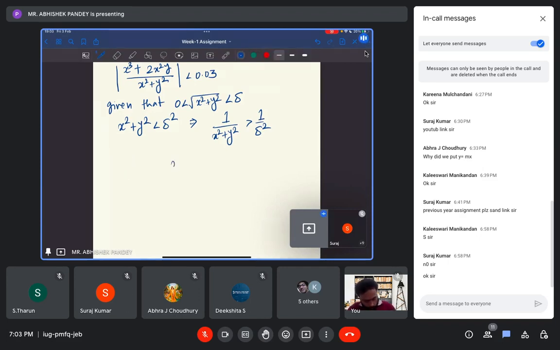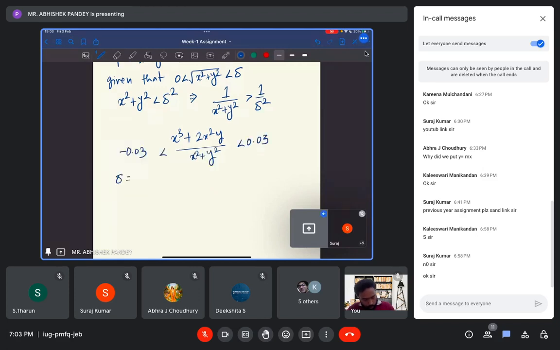From this one we will get x cube plus 2x square y upon x square plus y square is greater than minus 0.03. So if your delta is equal to 0.1, delta should be less than at least the epsilon.